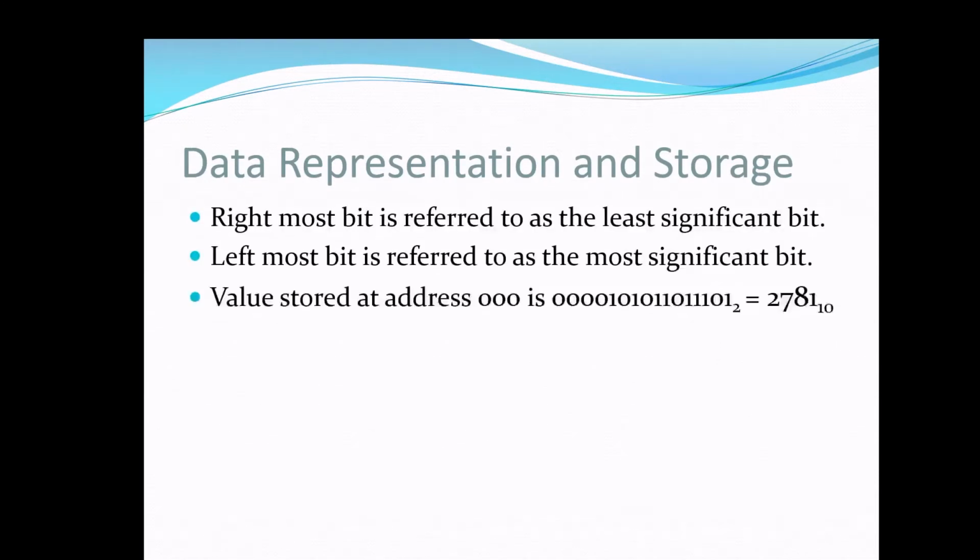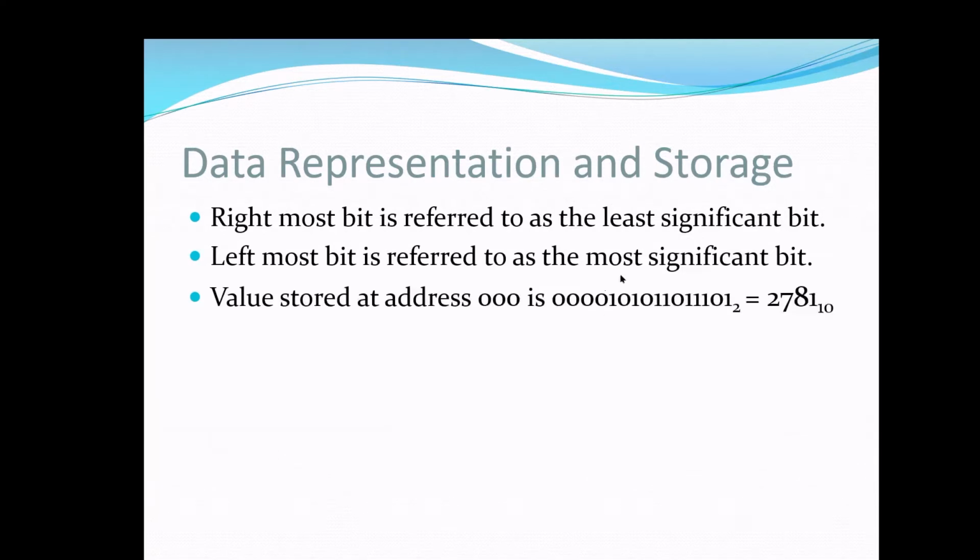Okay. Just a little bit more terminology. Now, we'll talk more about this, but let's say you had an address. I think it was 16 bits. Yeah, 16 bits. So if you had a 16-bit value stored at a 16-bit address.